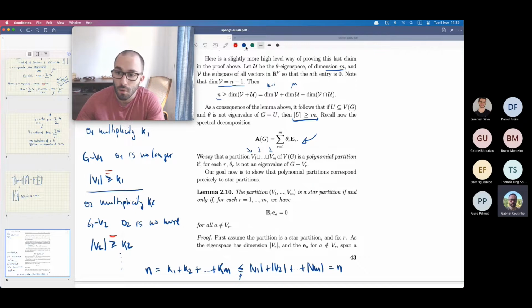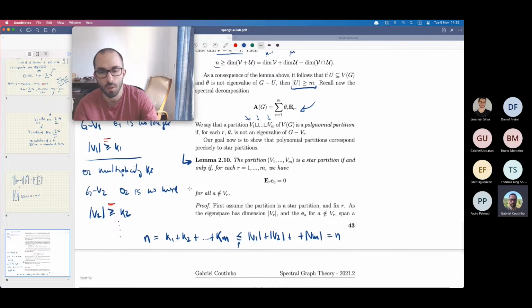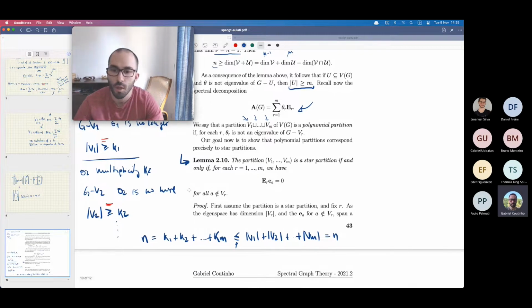Now, lemma 2.10 is actually quite important to verify this fact. It says that a given partition is a star partition. So recall, what is a star partition? I just forgot. What is a star partition?